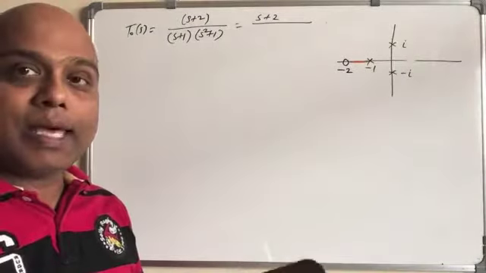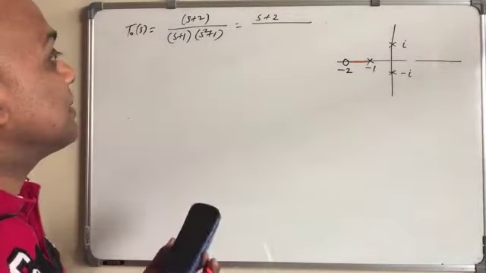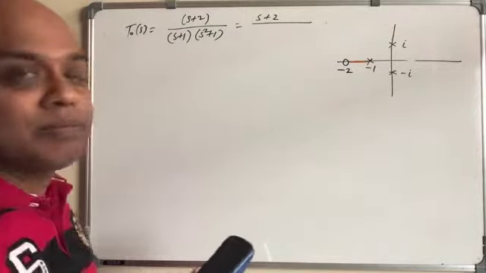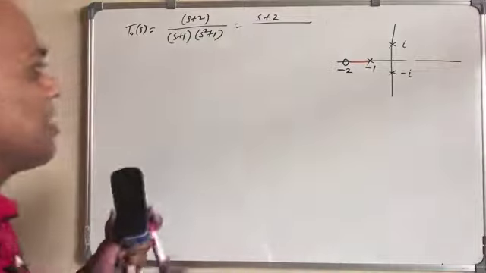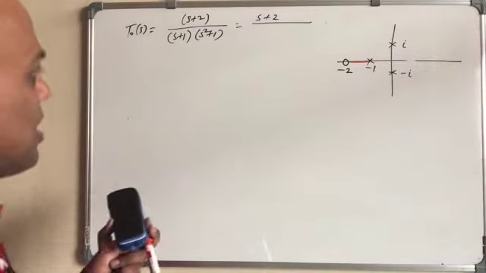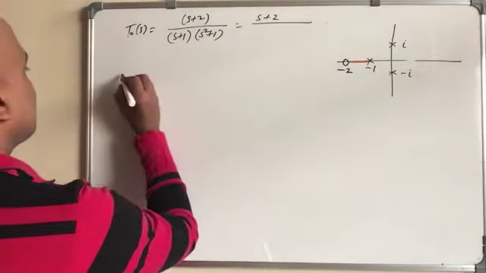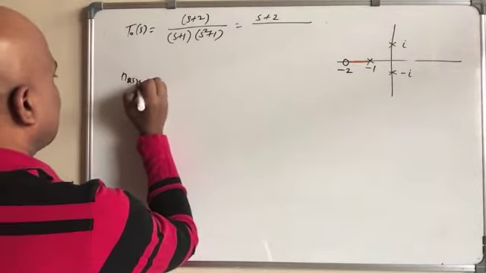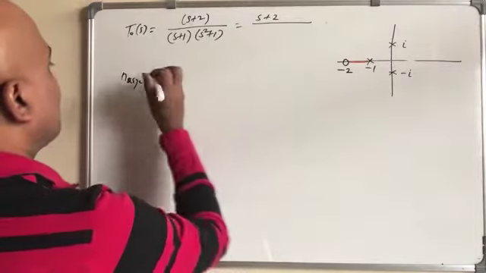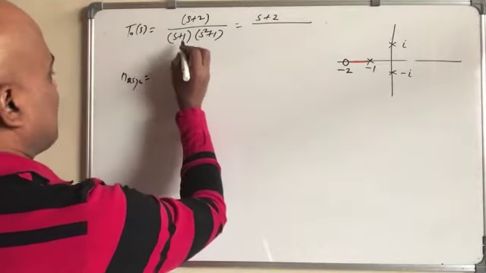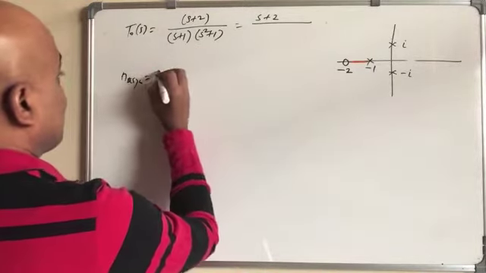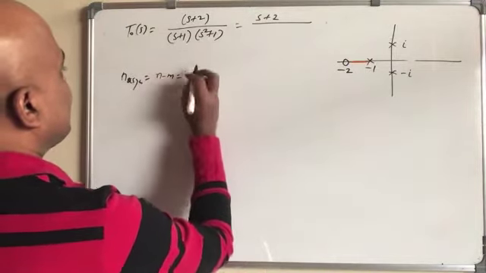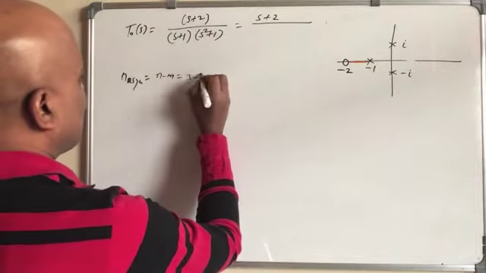Others we have to see. Then we have to find out the number of asymptotes. How do you find out? N minus m simply, where n is 3 and m is 1, equal to 2.